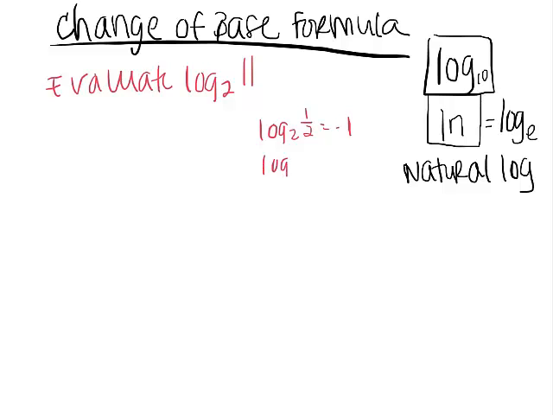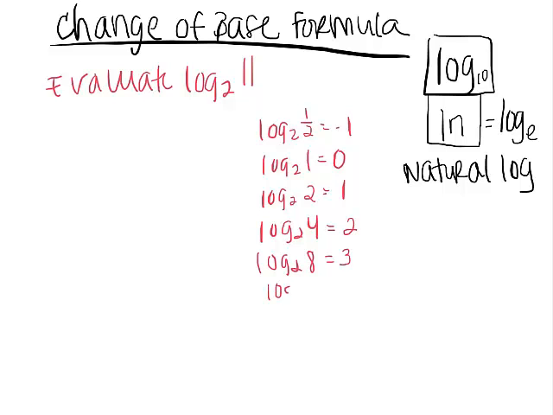Log base 2 of 1 is 0. Log base 2 of 2 is 1. Log base 2 of 4 is 2. Log base 2 of 8 is 3. Log base 2 of 16 is 4. So you know that your answer is going to be somewhere between 3 and 4. Maybe closer to 3 a little bit, but you're not really sure.